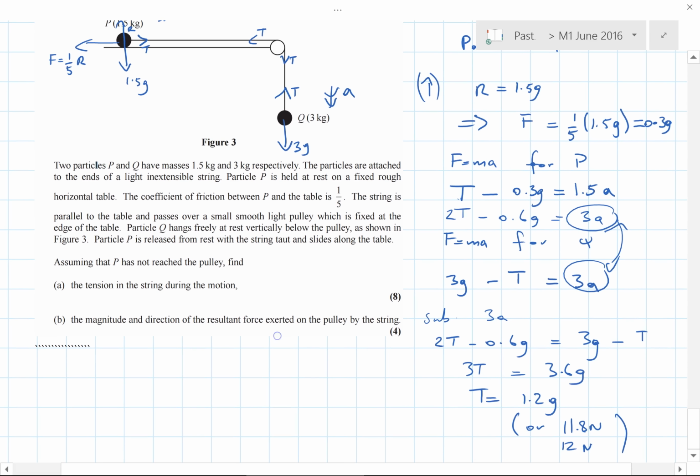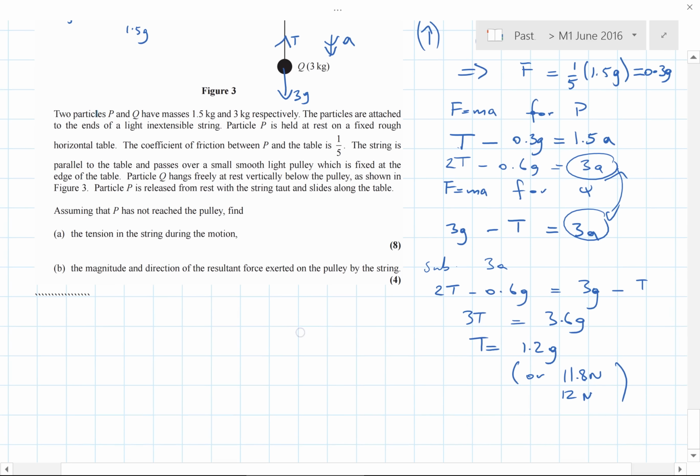Okay, so now it says the magnitude of the force on the pulley. Well, let's look at the force on the pulley now. We now know that T is equal to 1.2g. Let's call it 11.8, because they say use 9.8 as the value for g. So 9.8 times 1.2 gets you 11.76. So 11.76 newtons and 11.76 newtons here.